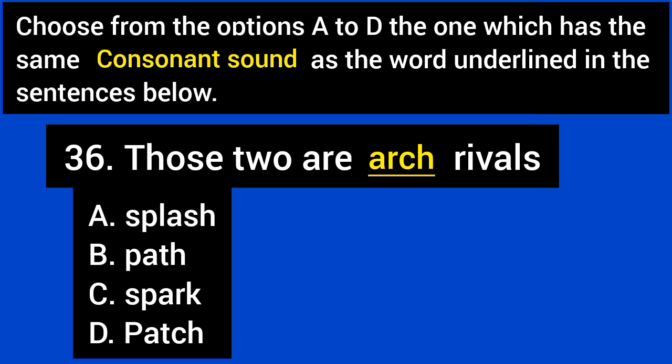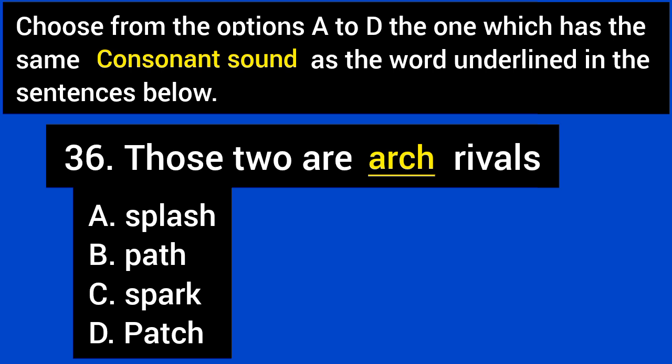Alright, so what are we looking for here? We are looking for the same consonant sound as the word underlined in the sentence below. So when we look at the sentence, which word has been underlined? We have arch. Arch rival, but the arch has been underlined.